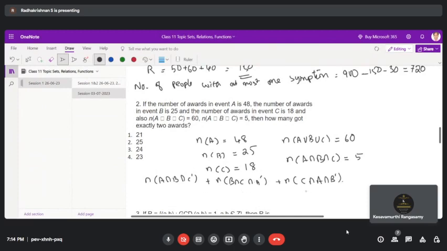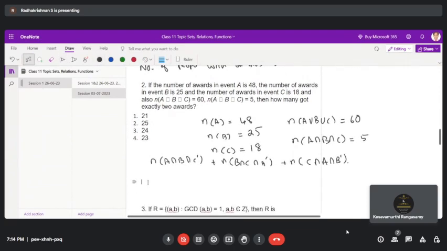Normally, these things we can do using a Venn diagram, like I drew in the last problem also. But here they have not given so much data like in the first problem. They are asking to find out how many got 2 awards. So let's just apply the formula that we know. A union B union C is equal to, what next?